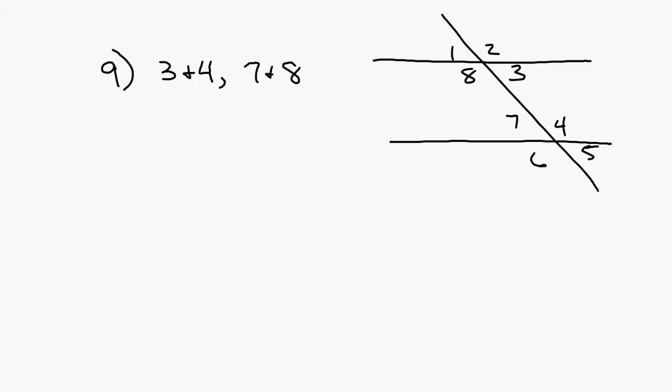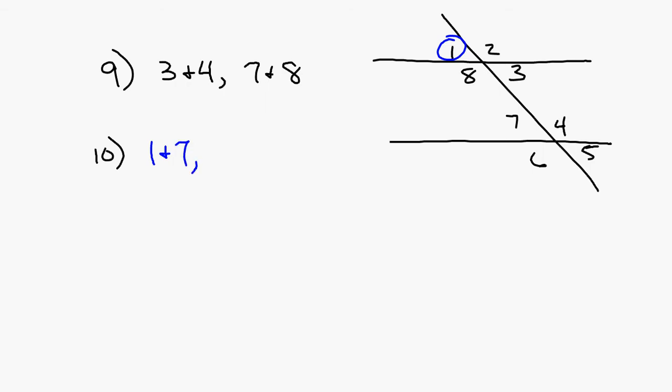Number 10 asked for what are 3 pairs of corresponding angles. Alright, corresponding means they hold the same location in their respective groupings. So 1 corresponds to 1 and 7, good.